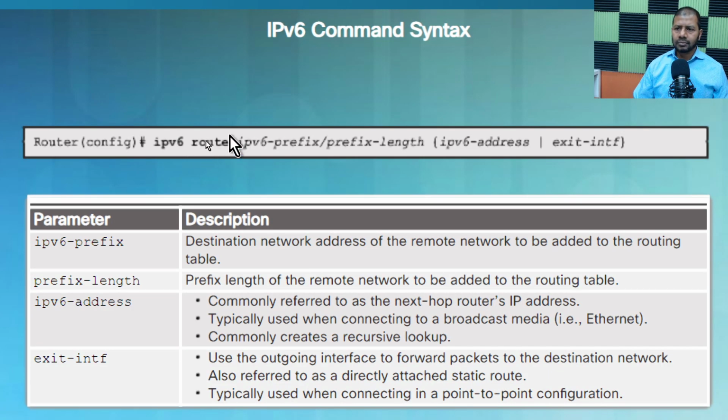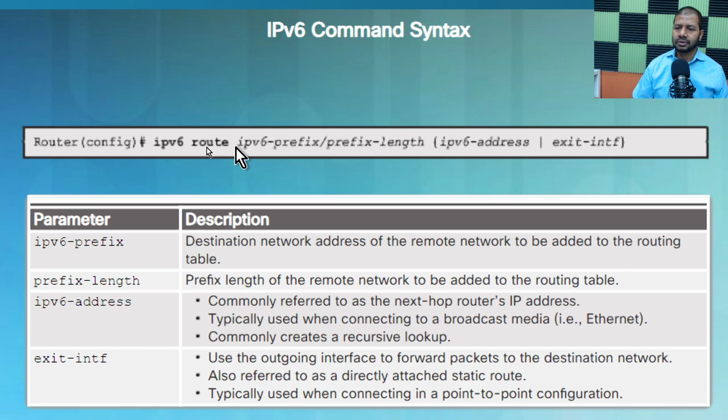How do I write a command to write a static entry into my routing table using v6? Before, the command was ip route. Now I'm going to write ipv6 route.